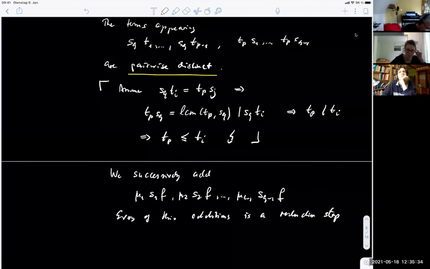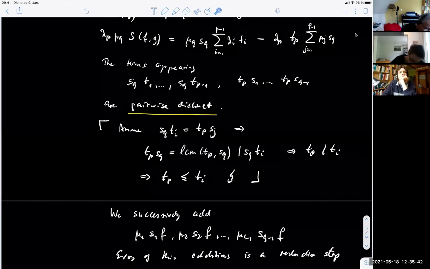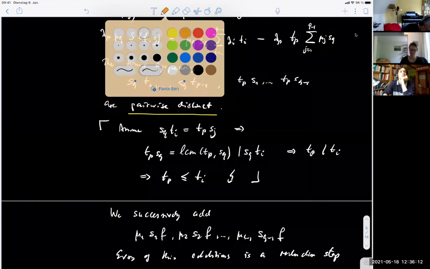Let's first have a look at the first one. Here is our S polynomial. In this polynomial there appears the term S_Q. The leading term of this thing, maybe let's do it in color, I look at this.